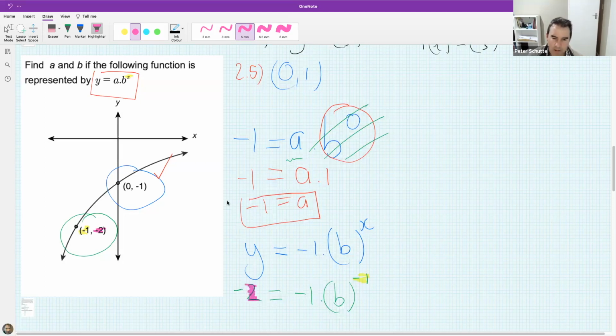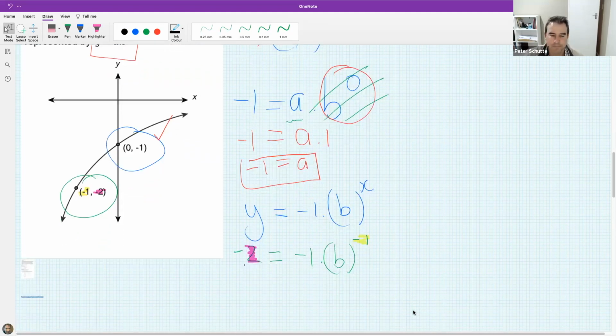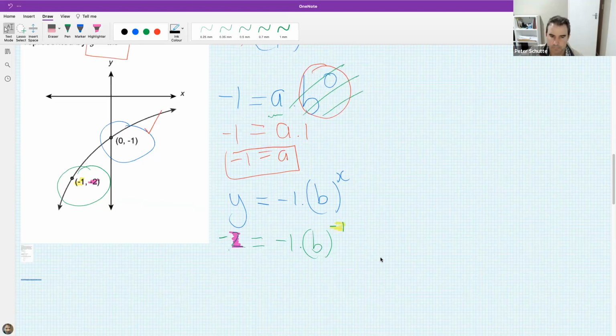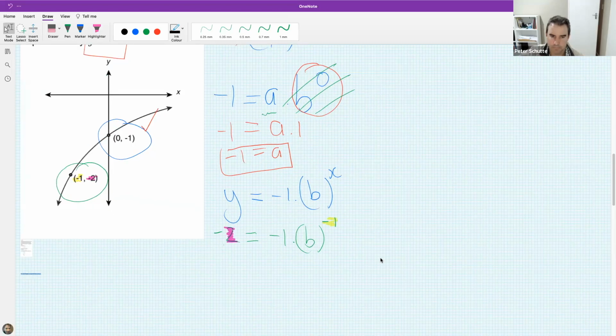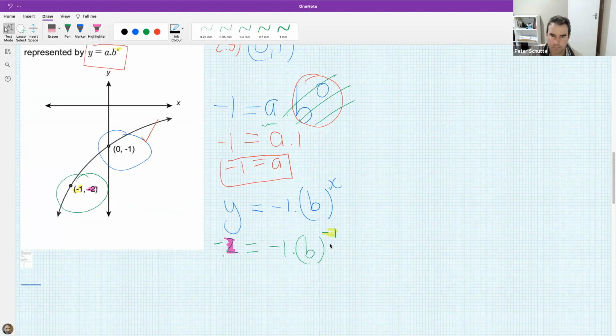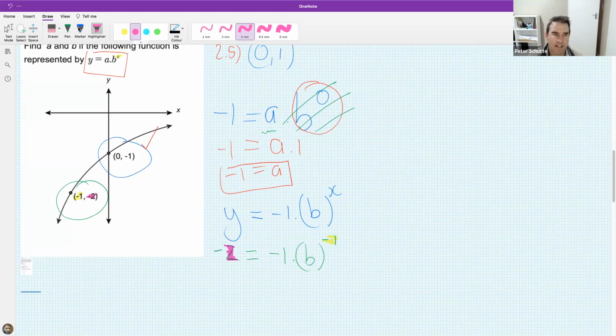But now I'm a little bit stuck again, because I need to find what b is. Okay, so Andile said divide by -1. So we get -2 over -1 is b to the -1, which actually means I get down to this. So I'm getting closer. What do I do about that?